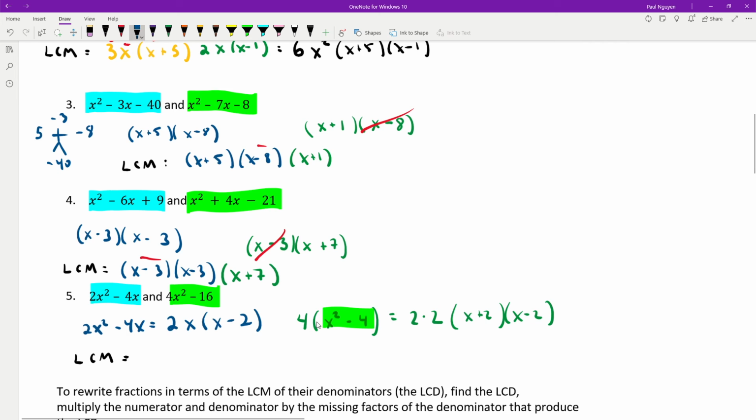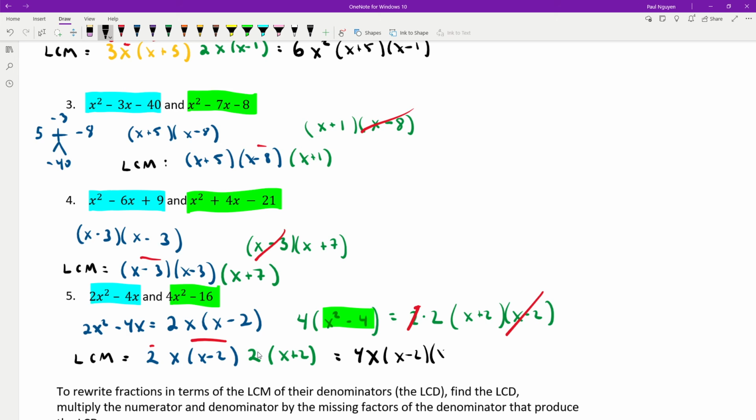I start with 2x times x minus 2, and see what I'm missing. I have a 2, and I have an x minus 2, which is here. What's left is a 2 and an x plus 2. I can combine the 2's together at least and get 4x times x minus 2, x plus 2.